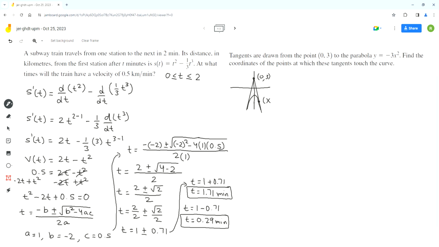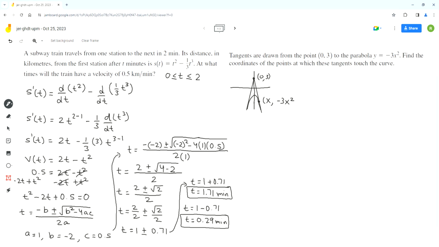Now the y coordinate of this point will be equal to negative 3x squared, because the equation of the parabola is y equals negative 3x squared. Then for every x value, the y value will be negative 3x squared.